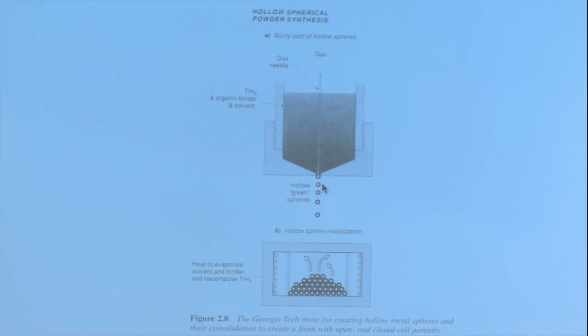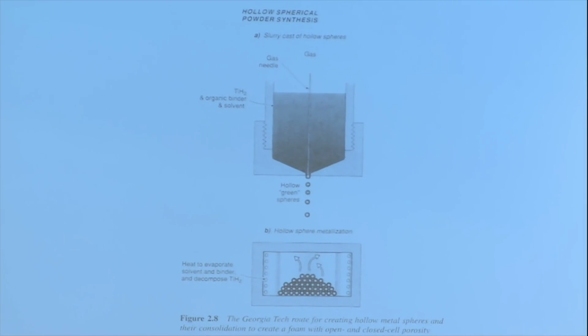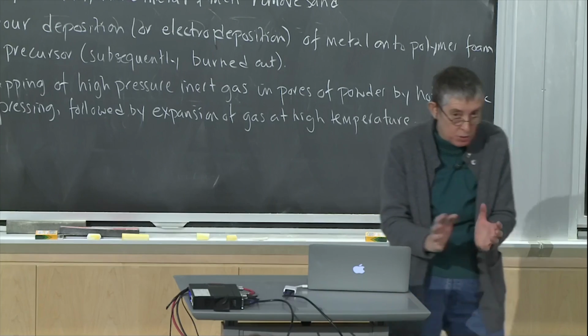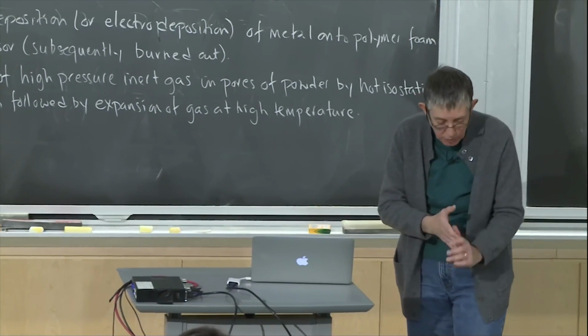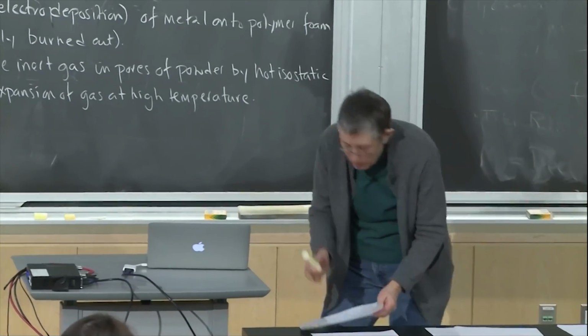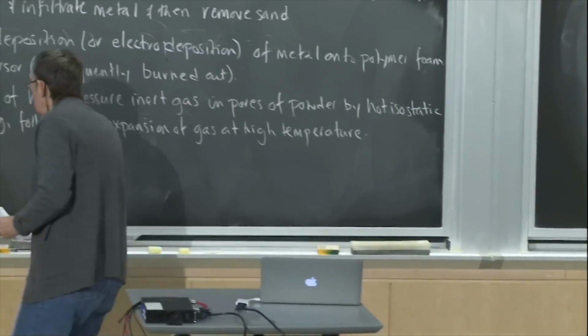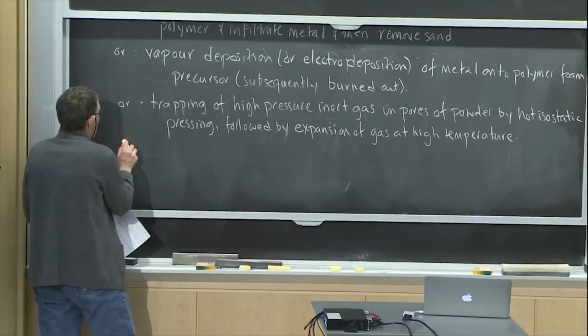Then you heat that up, the hydrogen gas evolves off, and you're left with titanium spheres down at the bottom here. You can pack those together and press those and form a cellular material that way. So you can also sinter hollow metal spheres.